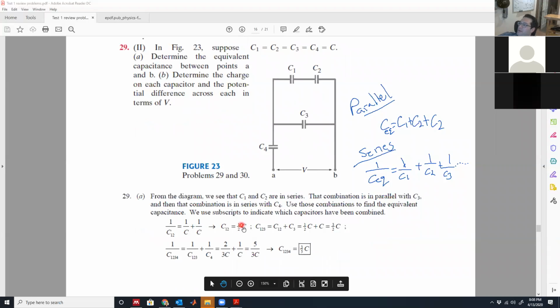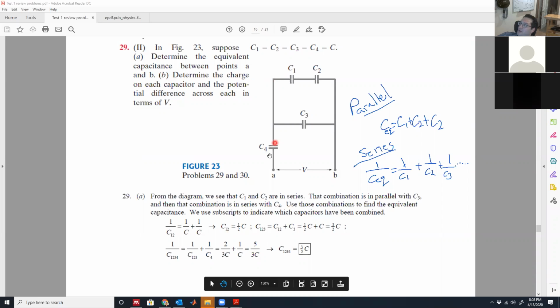It becomes 1/2 C. And then they combine 1, 2, and 3. And since they're in parallel, you just add up the 1, 2, and the 3, and then you get the equivalent capacitance of these three capacitors.